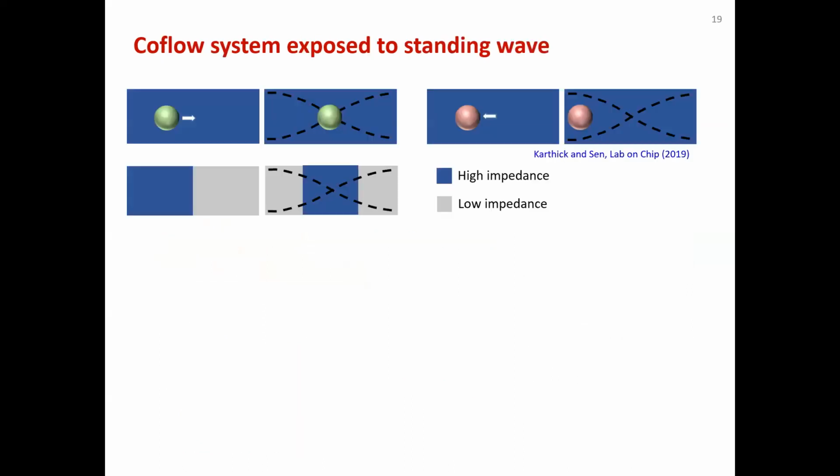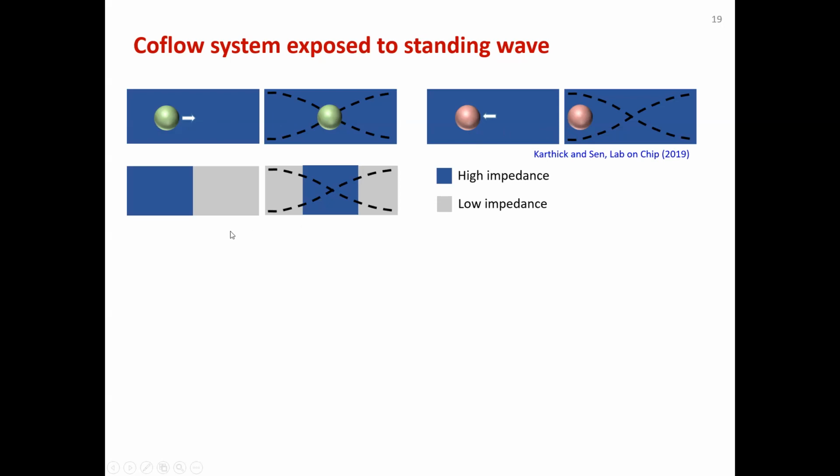What we have learned, which I was presenting in the opening slide, is that if you put some particles in a channel, where what you see is the channel cross-section, and expose this to a standing wave, if the particles have positive contrast factor, meaning their acoustic impedance, which is density times the speed of sound, is higher than that of the medium, they would migrate to the nodal plane. And if it is lower, they would migrate to the antinode.